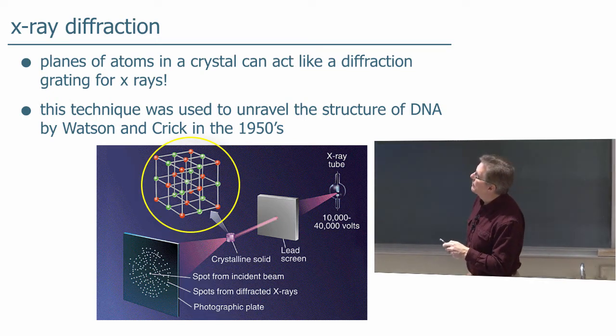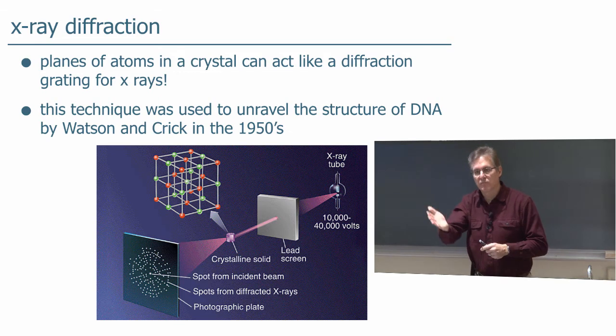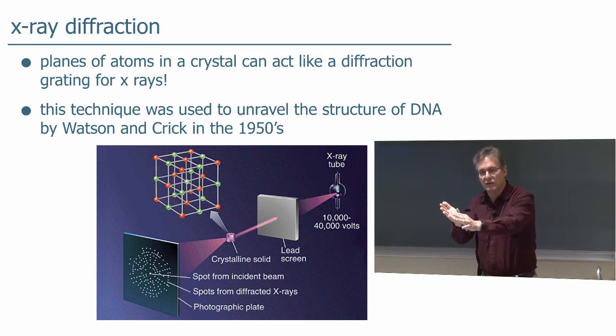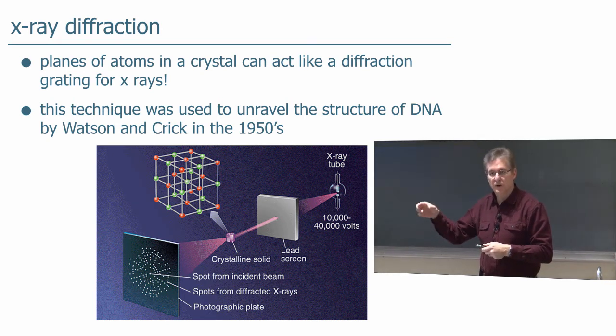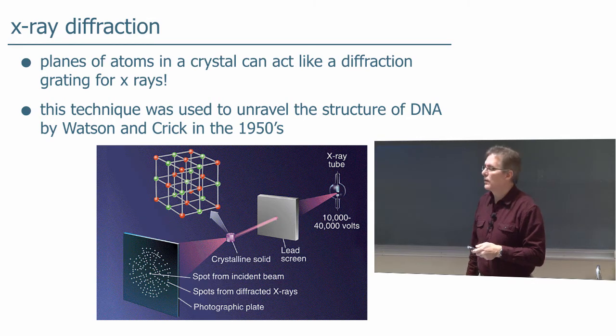The atoms in the crystal form different planes in space, and those planes are separated by distances which are of the order of the wavelength of X-rays. X-rays have very short wavelength, on the order of a nanometer, a few nanometers.